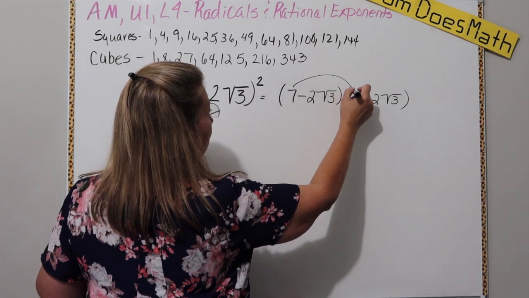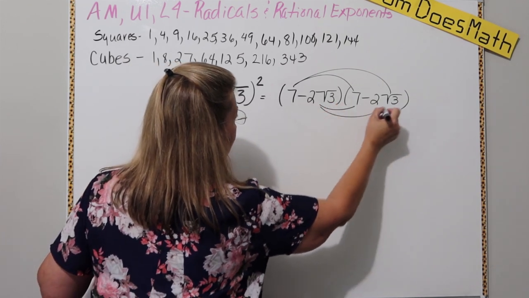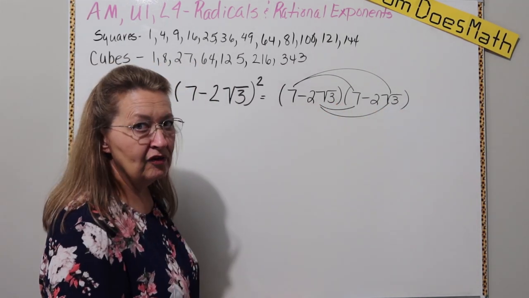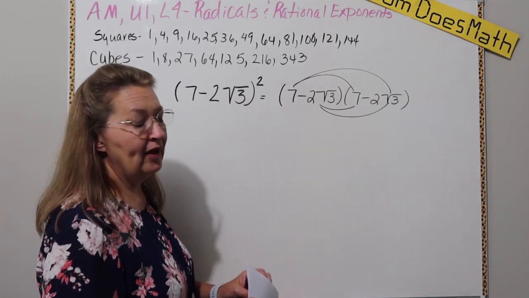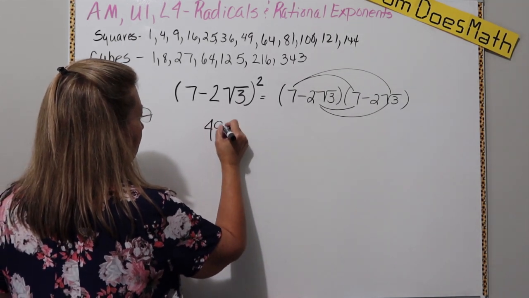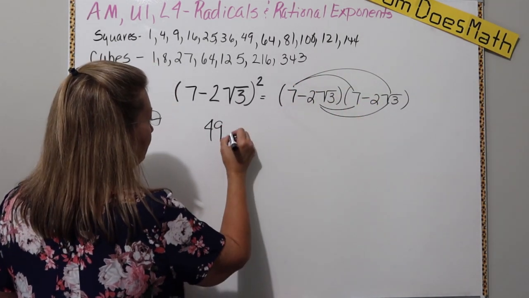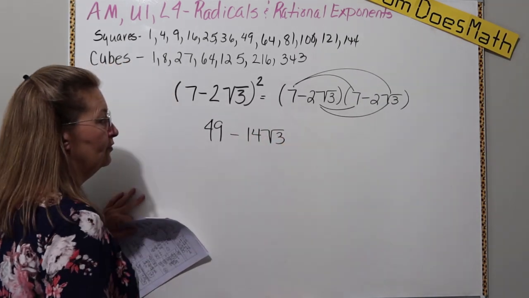So you want to multiply this number times both of those and this number times both of those. Remember, things that are outside the radicals can multiply. Things that are under the radicals can multiply together. So 7 times 7 is 49. 7 times minus 2 square root of 3 gives me minus 14 square root of 3.